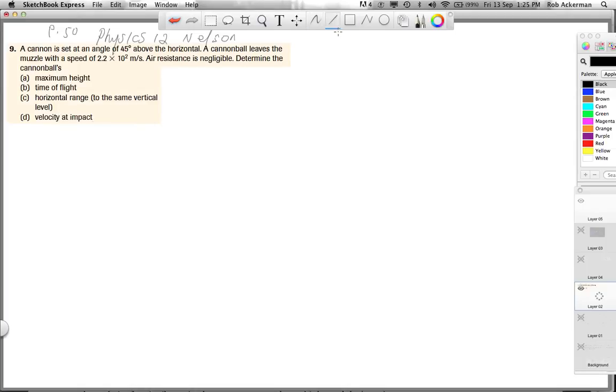So as you know, rule number 1 in physics, always start with a diagram. So here's where I'm going to draw that. Maybe I'll put in a y-axis here. Okay, and here's my x-axis. There we go.